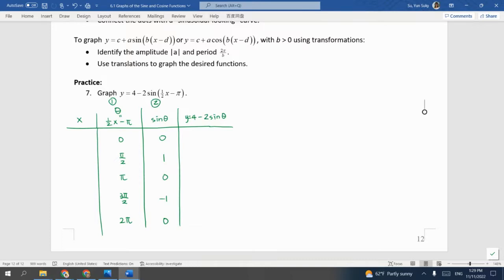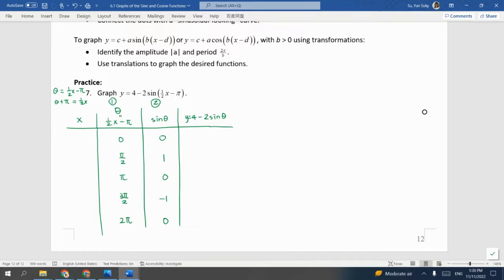Find the x. See, theta is 1/2 x minus pi. How do you solve for x? You add pi on both sides, right, everybody? And then you multiply by 2 on both sides.